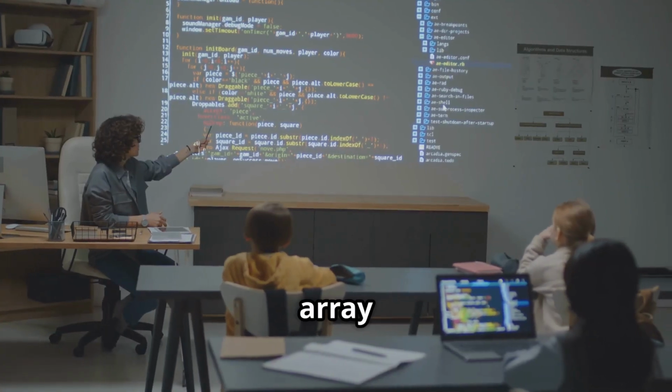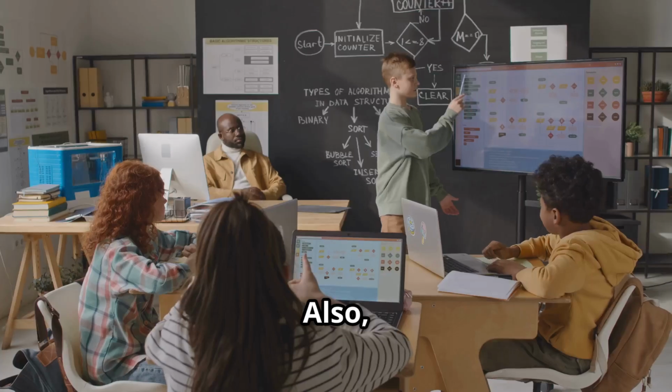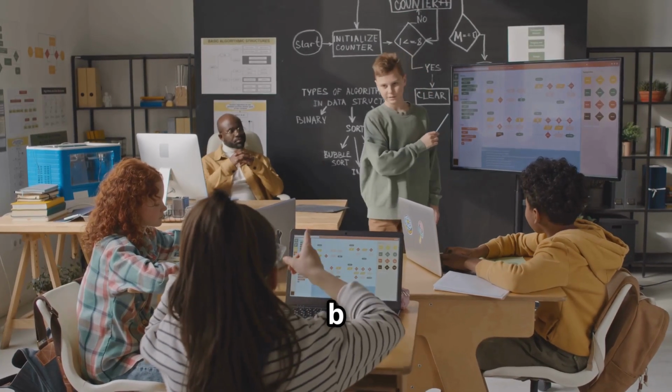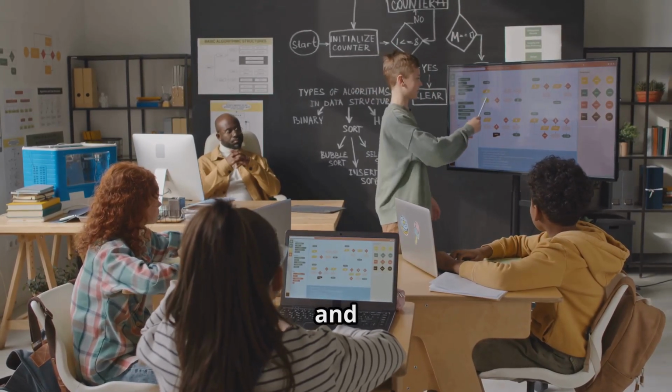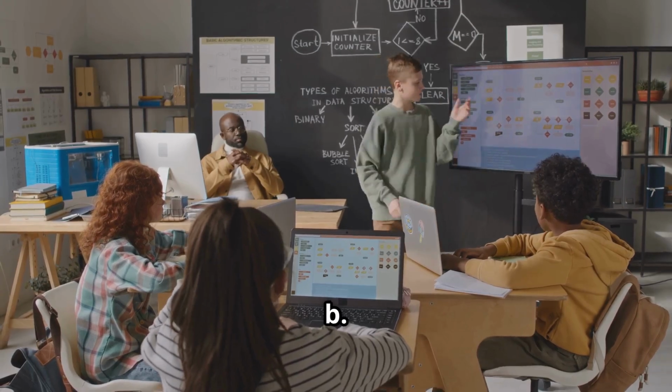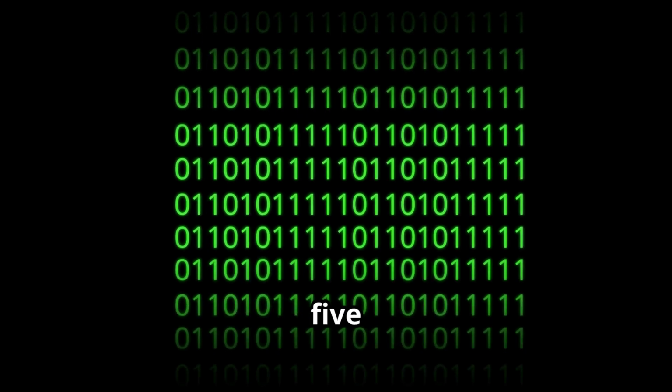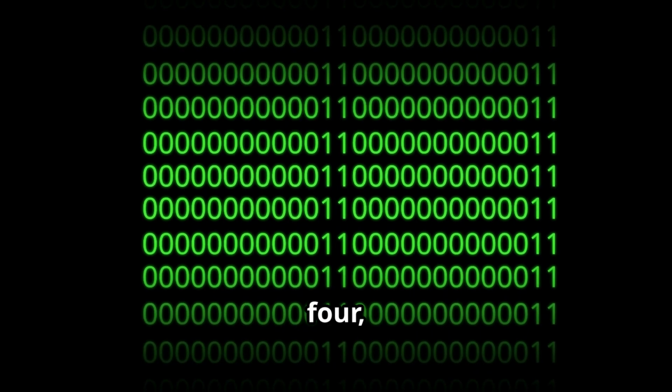Suppose list is the name of the array containing the list elements. Also, suppose that list[a]...list[b] stands for the array elements list[a], list[a+1], and so on, up to list[b]. For example, list[0]...list[5] represents the array elements list[0], list[1], list[2], list[3], list[4], and list[5]. Similarly, list[1]...list[5] represents the array elements list[1], list[2], list[3], list[4], and list[5].